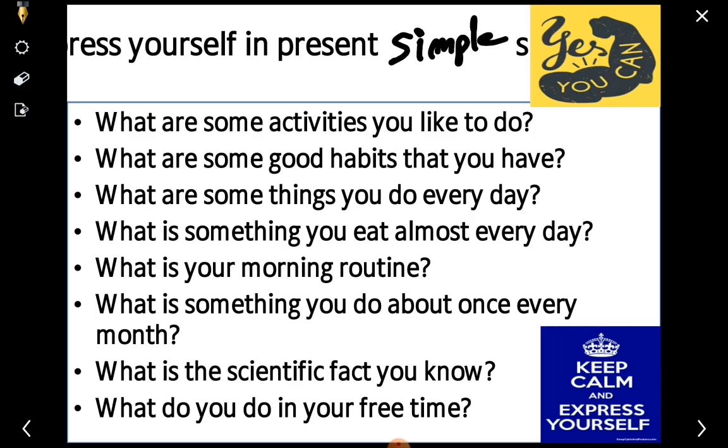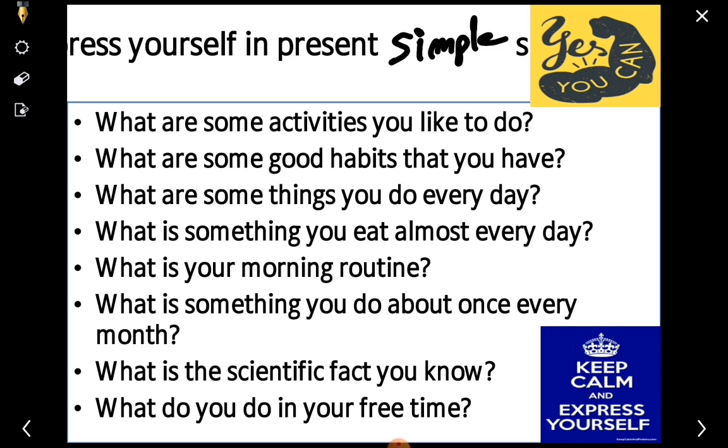Okay, so you are going, for example, to say, what are some activities you like to do? Right, I like to watch TV, I play football matches with my friends, etc. Okay, you can use the simple present to talk about activities. You can also answer the question of, what are some good habits that you have, the things that you like to do and that you feel that they are good, right?